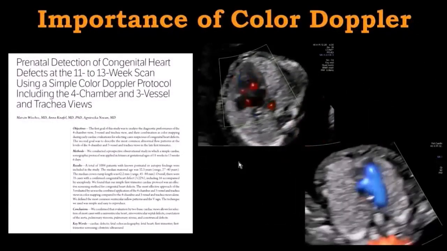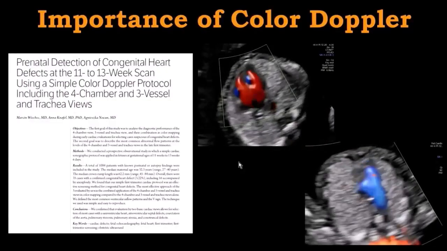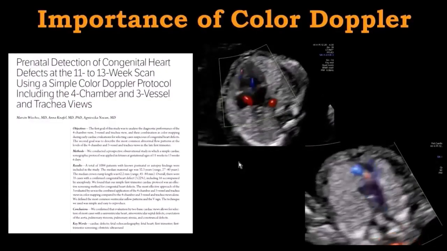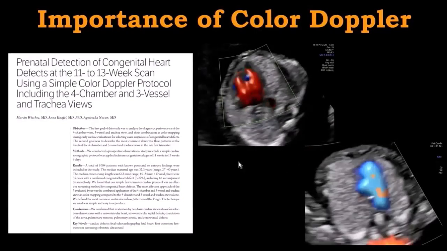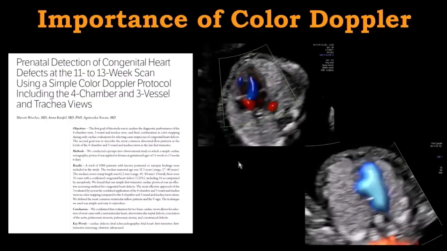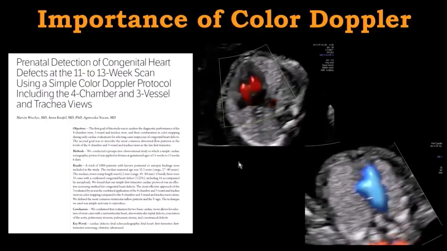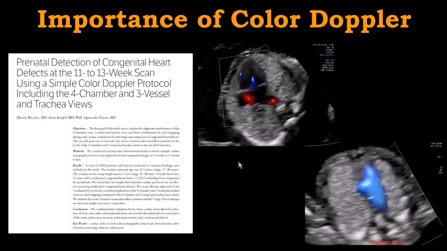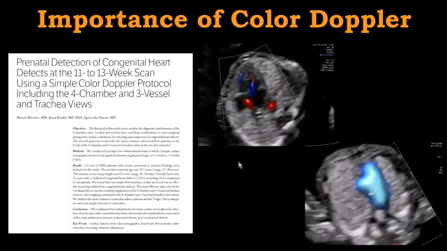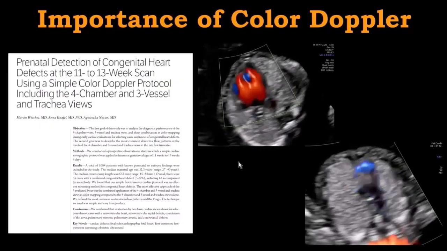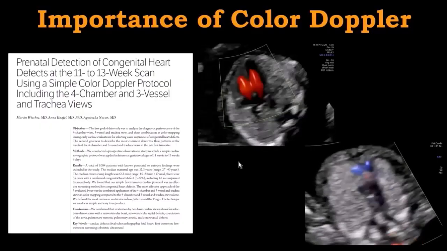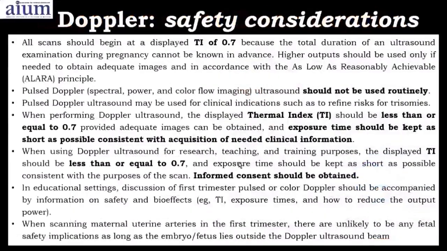There were multiple papers using an algorithm that includes the four-chamber view and three-vessel trachea view, with grayscale in combination with color, demonstrating that different patterns of the different cardiac anomalies can be recognized. This is very clinically significant, and we can utilize it to increase the early detection rate of these malformations.